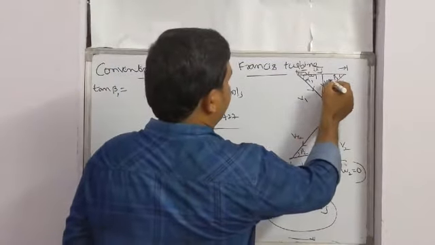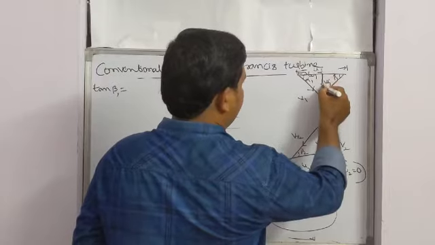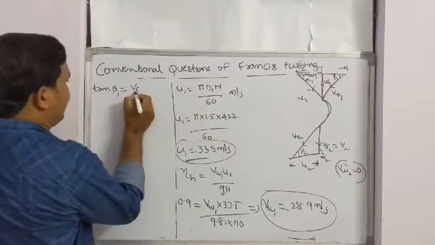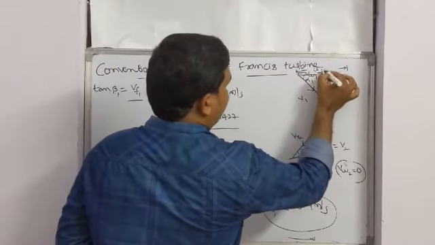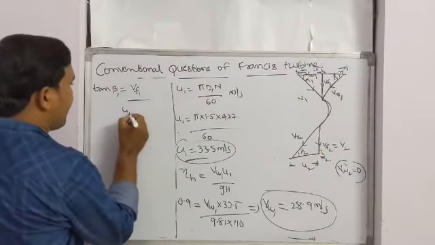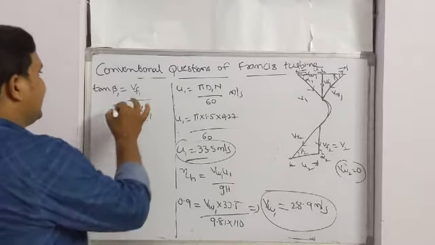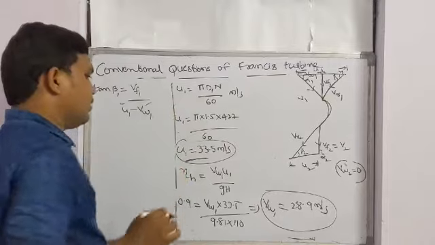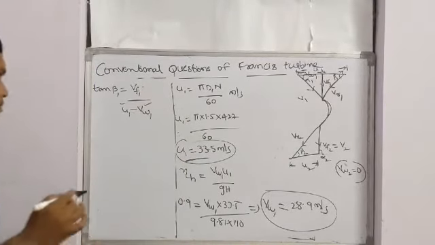Considering this right angle triangle, the opposite side is VF1 divided by the adjacent side, this length, that is U1 minus VW1. U1 we already found out, VW1 we already completed, and we should know VF1.